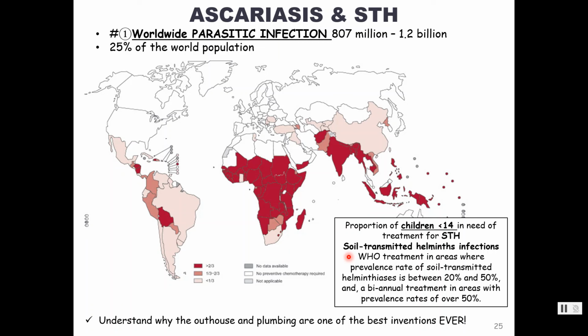They go into villages where 20 to 50% of the population has ascariasis, and they'll do a biannual treatment. They know that it's prevalent, endemic in that area. There's poor sanitation in these areas, so they come in twice a year and basically deworm everyone.